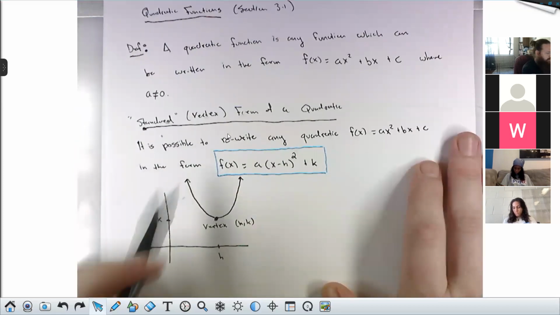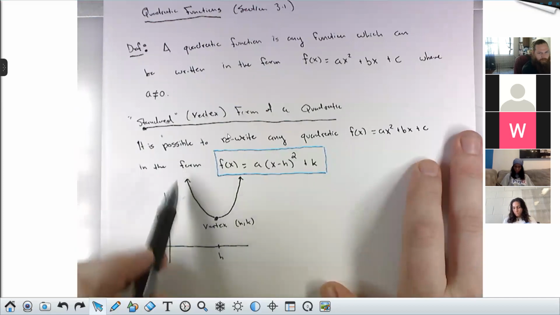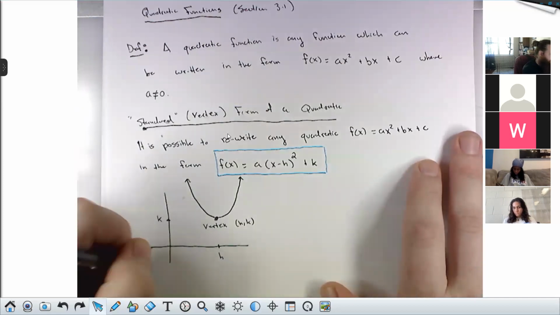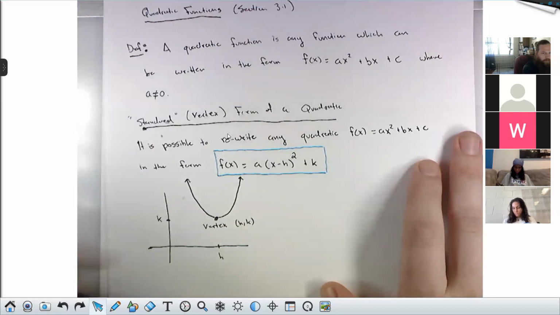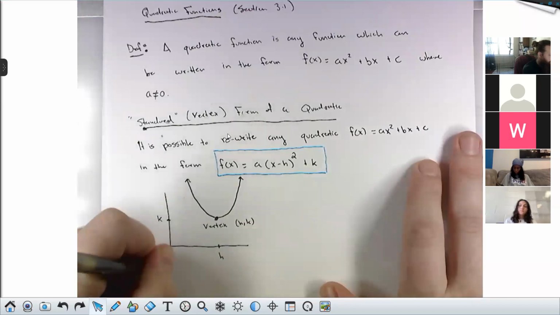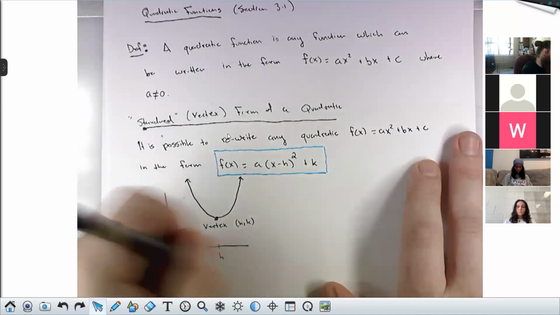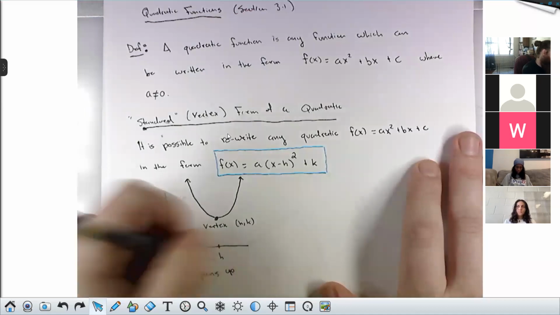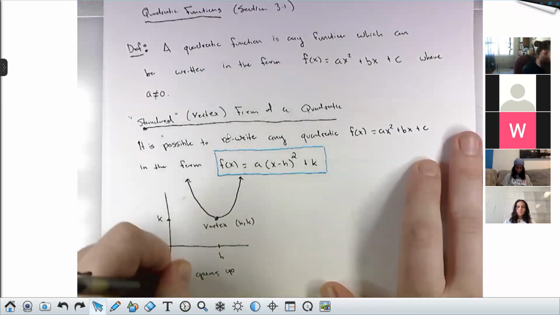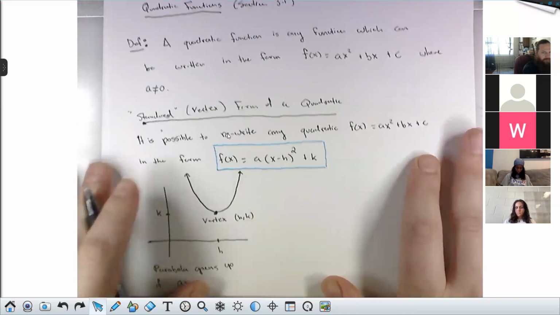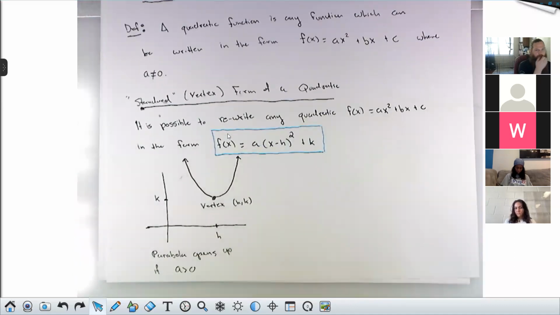Now the shape of this graph, we all know the name, right? That's a parabola. All quadratic graphs are parabolic. The parabola opens up if a is positive. So if you have the quadratic in this form, you can draw the graph very easily.